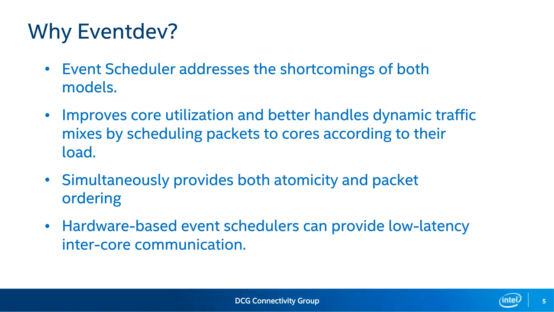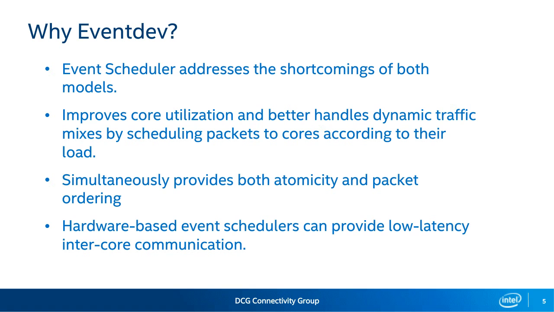Eventdev, which is event device, is a scheduling model. It's basically a library inside DPDK. It tries to address the shortcomings of both these models. The idea is to improve the core utilization to the maximum extent possible, and also provide support to address dynamic load balancing. In the pipeline model, if what you need to do with the packet is just one flow, and if it never changes, fantastic, great.